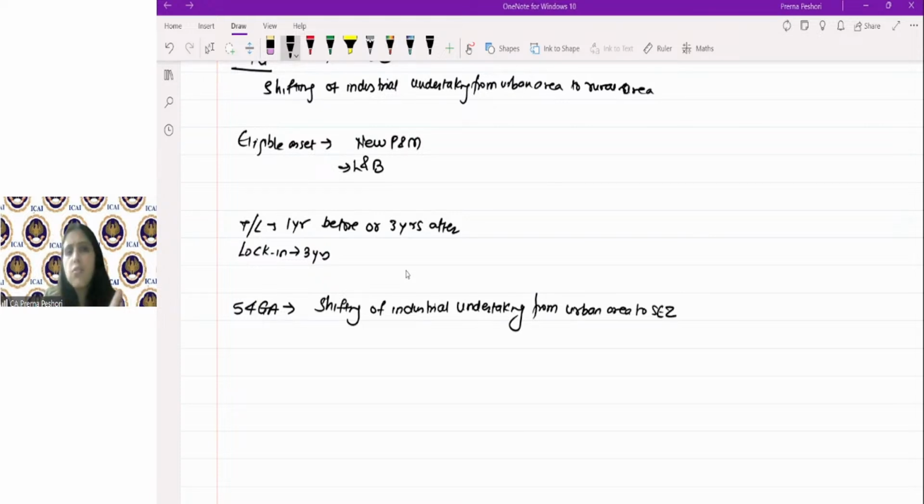Here also, if it is a transfer, the capital asset again is the same. So eligible one is same. New plant and machinery and land and building. Again, here the period is 1 year before or 3 years after the date of the transfer. And again, the lock-in period is 3 years. So it's the same.